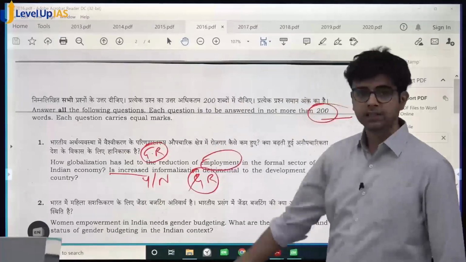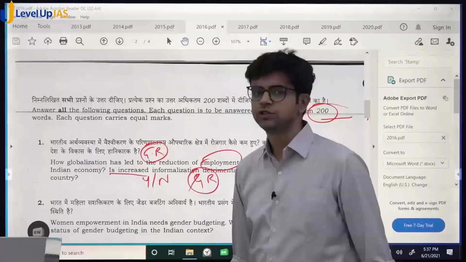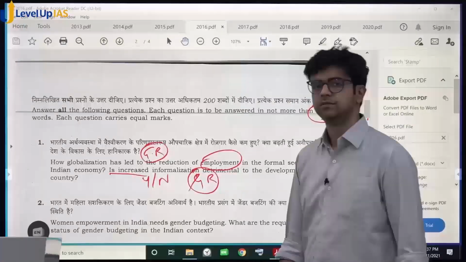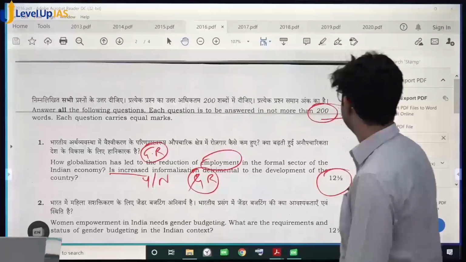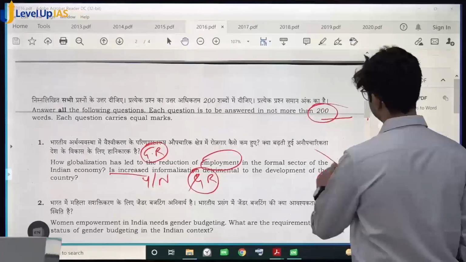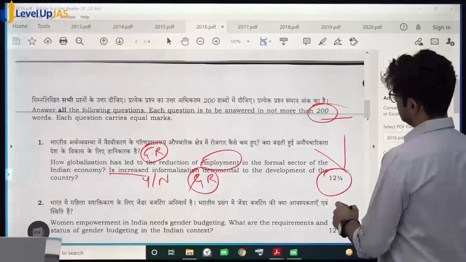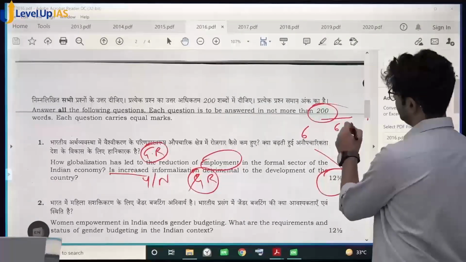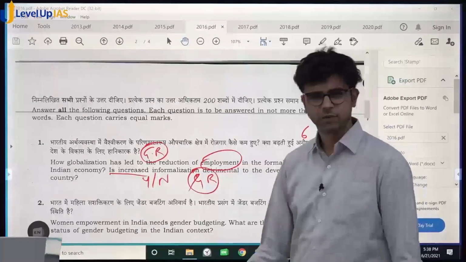The effect of globalization, it is not that straightforward to think upon. 1 or 2 points you might think, but other than that, very little ready-made content you will have on the first part also. So let us give it 12 and a half. 6.5, 6.5. Let us give 6 for first, 6 for second, more or less equal.